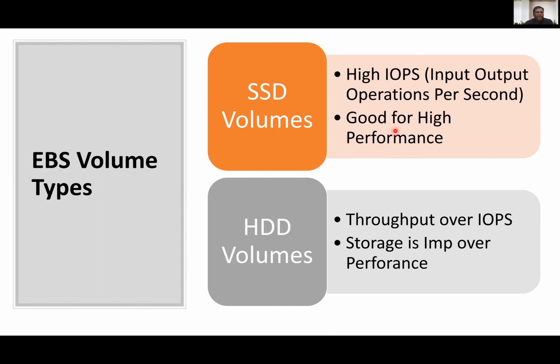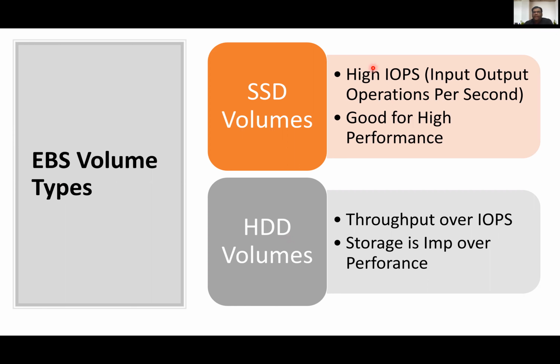All right, let's go back to EBS volume types. What I was telling you, if you are planning to take a certification exam, you'll have lots of questions on EBS volumes. Basically there are mainly two types, the SSD volumes and HDD volumes. SSD volumes are mainly for high IOPS.